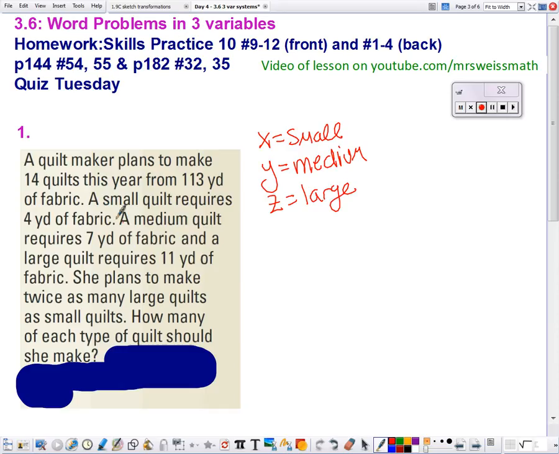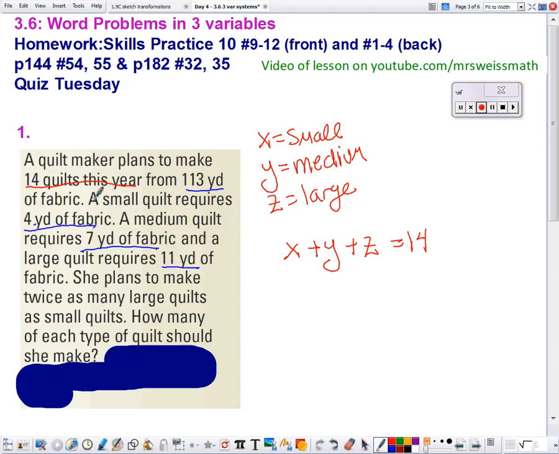So reading through the problem, the quilt maker makes 14 quilts this year. So x plus y plus z equals 14. The total number of quilts. So all the smalls, the mediums, and the large add up to be 14 quilts. Then our next equation, I notice we talk about fabric length.